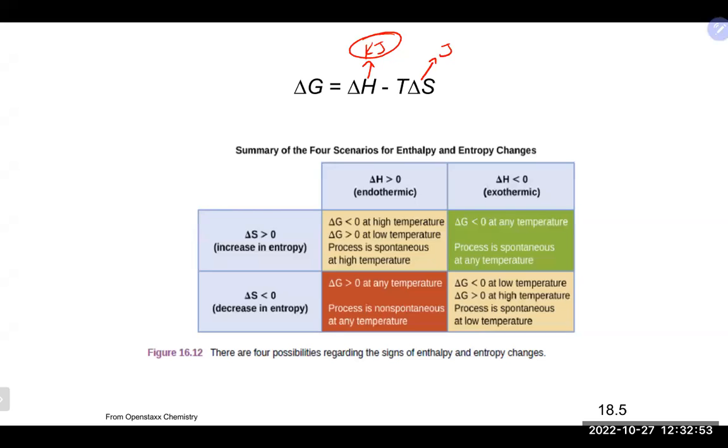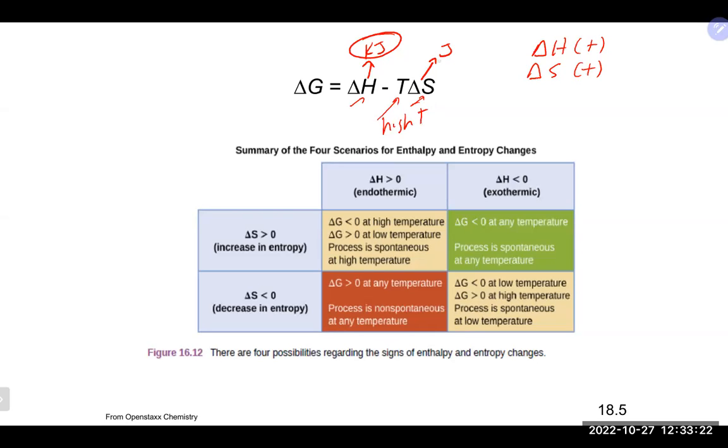So in this situation, if our delta H was positive and our delta S here was positive, that would be positive and this would be positive. The only way delta G could end up being negative and spontaneous is if you had a really high temperature.